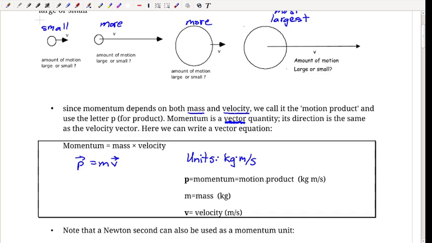If you want, you can put a dot in between those to denote multiplication, or just write kilogram meters per second. So we have our momentum, p, which is our motion product. Think p, product, kilogram meters per second, because mass is in kilograms and velocity is in meters per second.